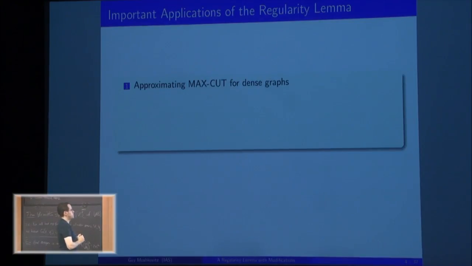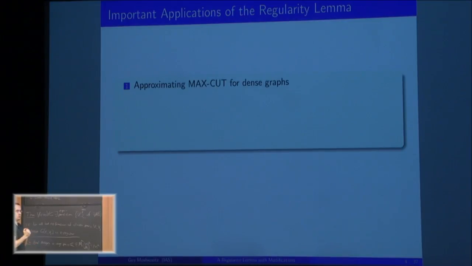So one nice application is to the problem of approximating max cut. This won't be terribly important for the rest of the talk, but let me just say a few words about the max cut problem. It's the following computational problem.